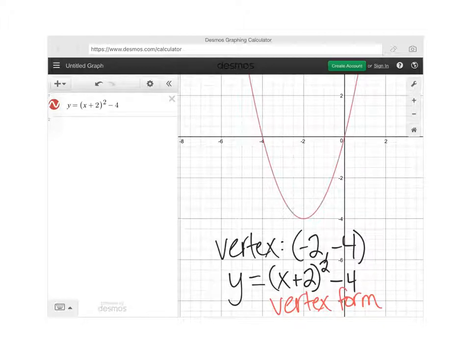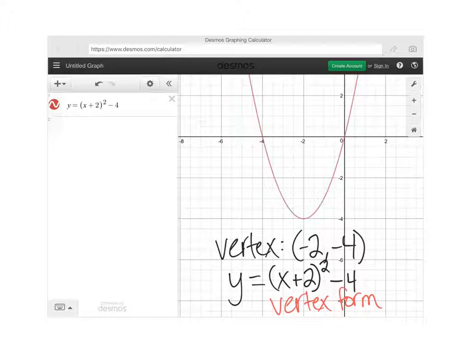And this is the equation if you want to know the vertex. And the vertex is actually in the equation. That's why they call it vertex form, because it's right there. Opposite sign, -2, and this one's the same sign, -4. And I went from the origin 2 to the left, down 4, right?